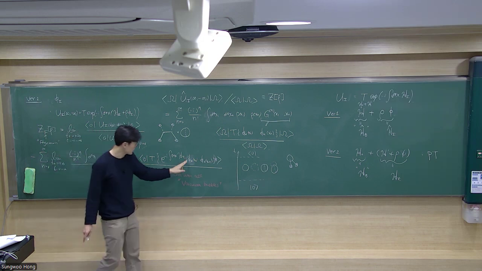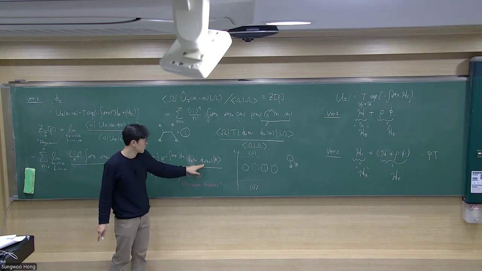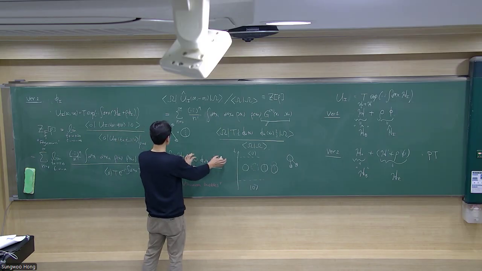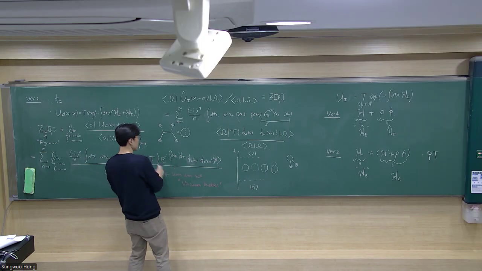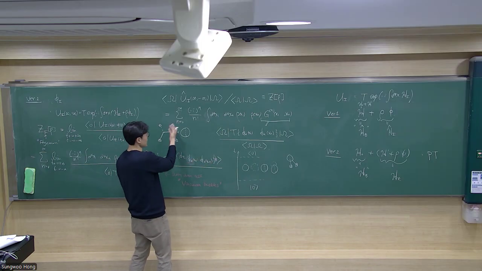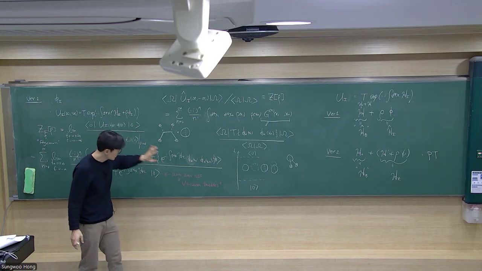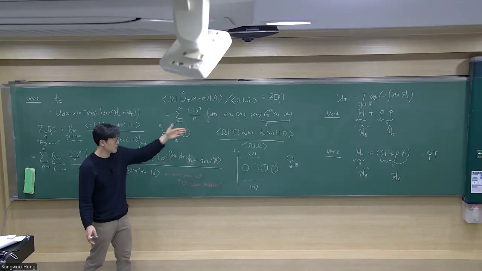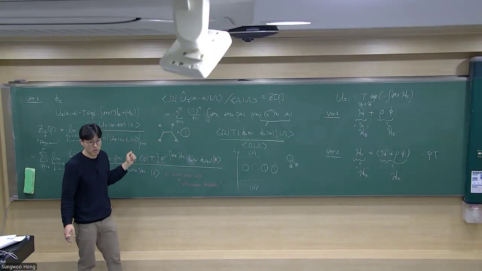Okay, you see there's some number of interaction picture operators which you can use to create the initial and the final state. And then, in the presence of the interaction, as we have done, you can now think about the Wick expansion. You have a diagram like this. So this has a Feynman diagram interpretation that we didn't show, but I'm going to show that there's a sharp correspondence between these two.